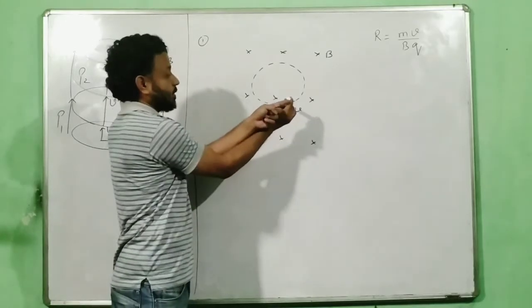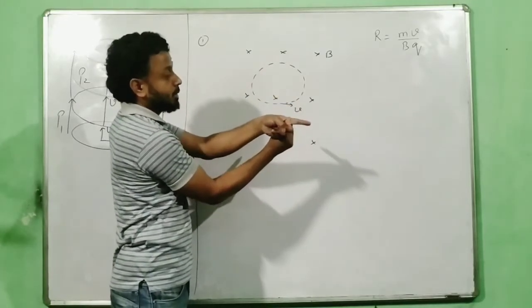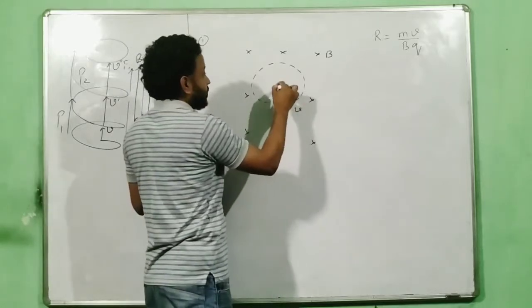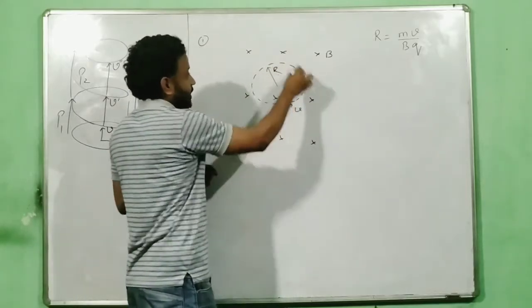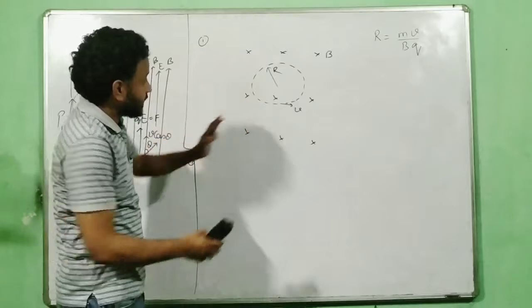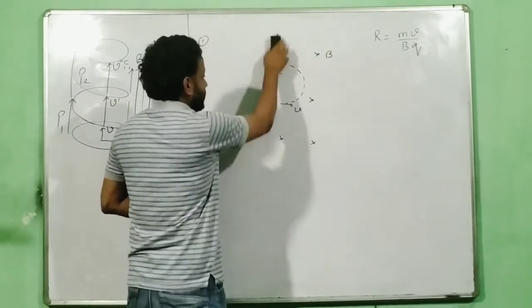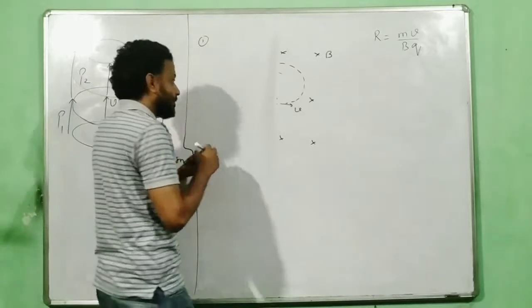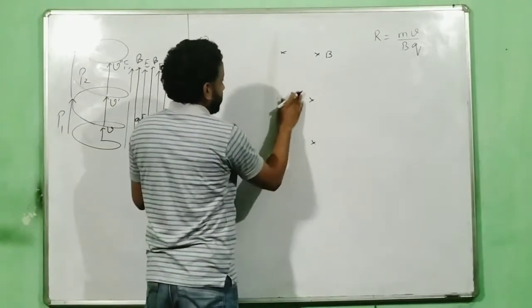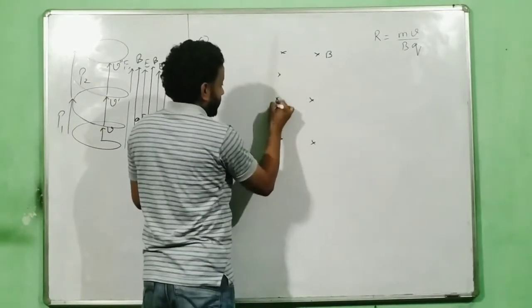So this is my magnetic field and this is my velocity, perpendicular. And we know that this is moving in a circular path which makes a radius of r. Now in this same case, what if I provide only this much of magnetic field? I am not providing that much of magnetic field at all. Insufficient amount of magnetic field. Now what will happen?